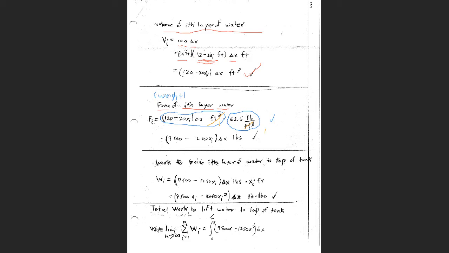So the force, F sub i, on the ith layer of water would be 120 minus 20xi times delta x times 62.5. That's going to give you 7,500 minus 1,250 xi times delta x pounds.